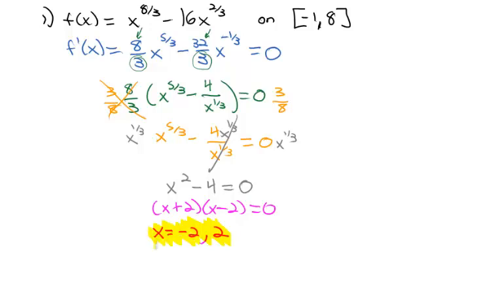There's another possibility, though. Remember, we've got to check the endpoints. So let's clearly state those critical points. We've also got endpoints, which are negative 1 and 8. And we've also got the undefined points, where f prime is undefined.